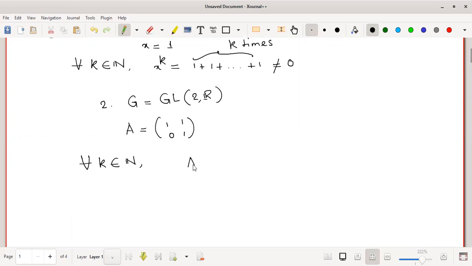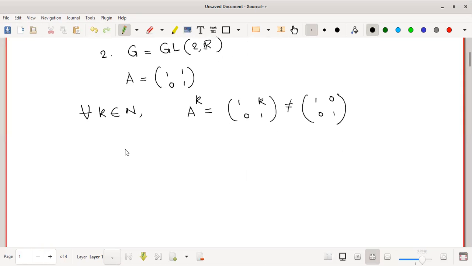What will be A to the power k? If you calculate, this is not difficult. If you go on multiplying, you will find that A to the power k is actually 1, k, 0, 1. And so this is also not going to be the identity element. What is the identity element? Identity element is 1, 0, 0, 1. So whatever k you choose, A to the power k is never identity. So the order of A is also not finite. Order of A is infinite.